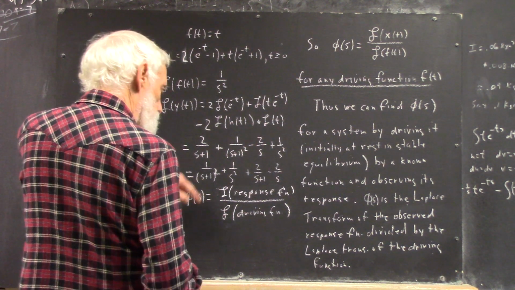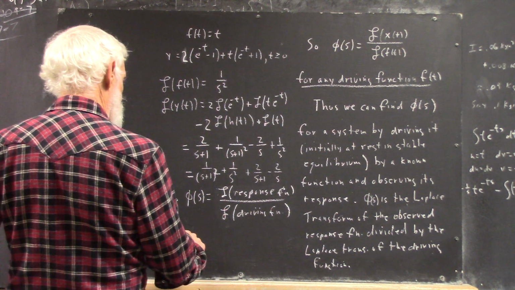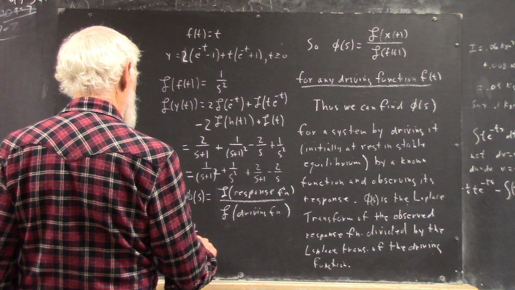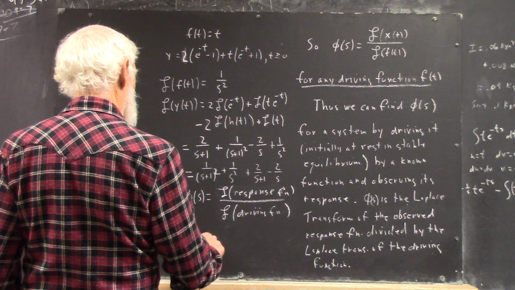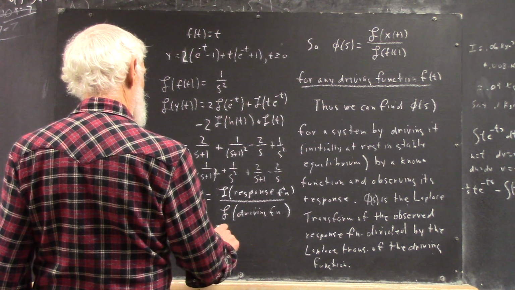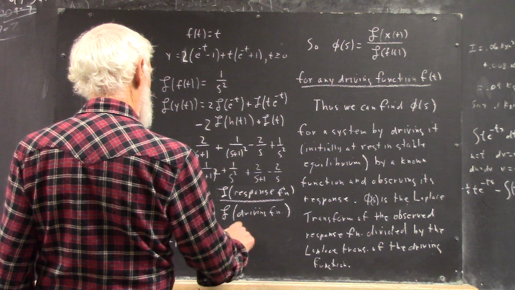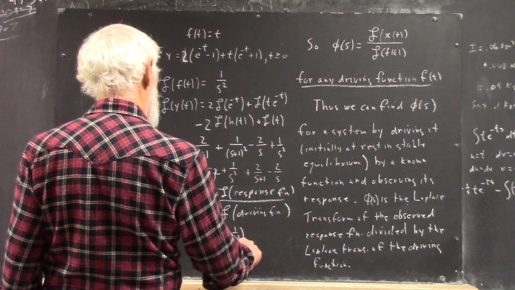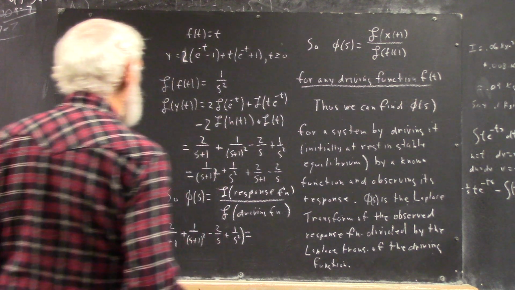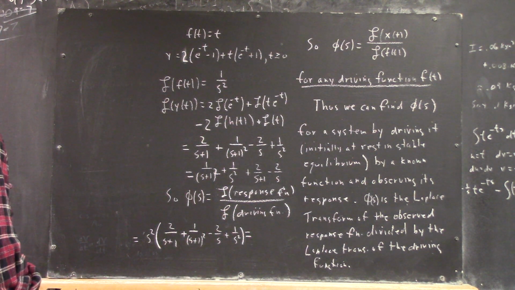I'm going to leave it the way it is: 1 over s plus 1 squared, minus 2 over s, plus 1 over s squared. Okay?